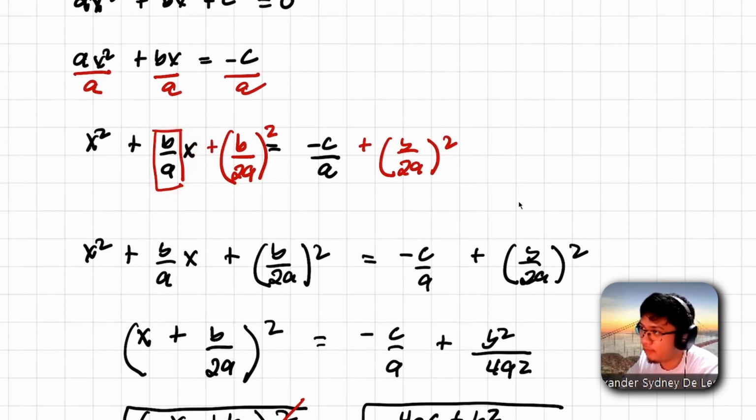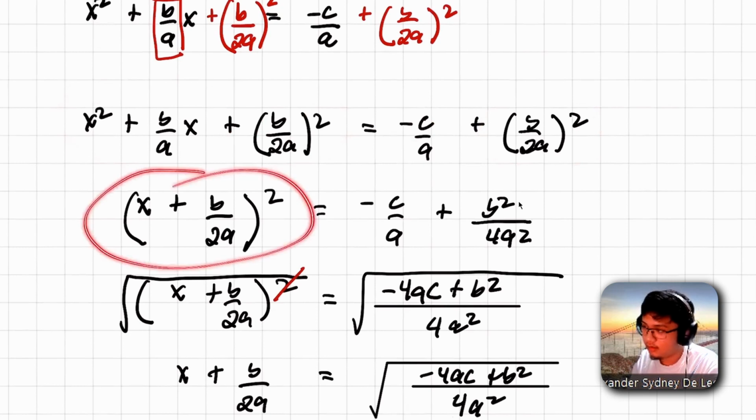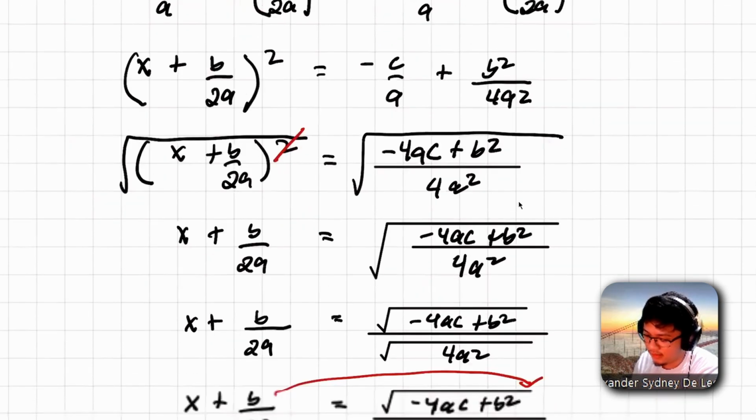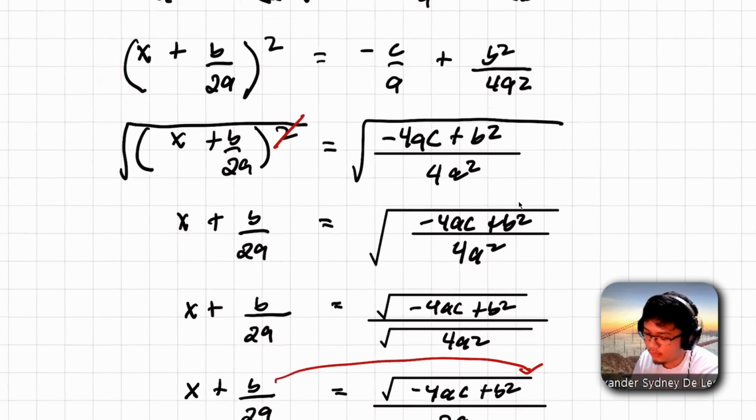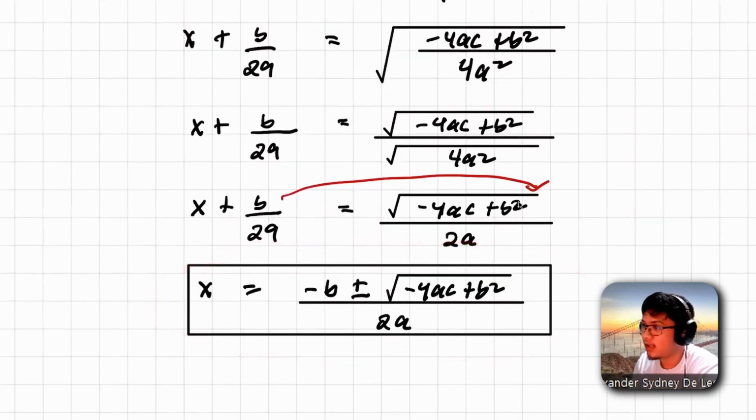In-add natin both sides, and then sinimplify natin ito, kasi na-complete na natin yung square, so let's shrink it to this square of binomial. And then we took the square root of that square of binomial to obtain and isolate x up to this point, which is the final form of the quadratic formula.